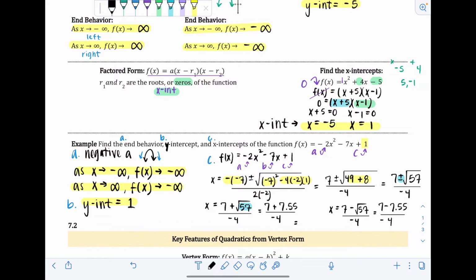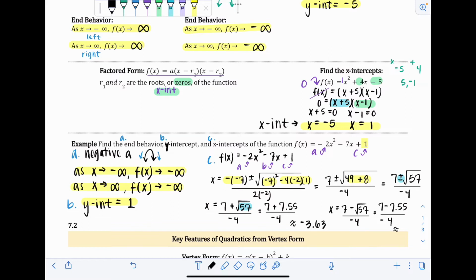I'm going to bump this one down here, just give myself a little bit more space. So if we do 7 plus 7.55, it's 14.55 divided by negative 4, which is about negative 3.63. So negative 3.63. If you want, you can use the curvy equal sign to show approximately. And then the other one I'm going to do down here.